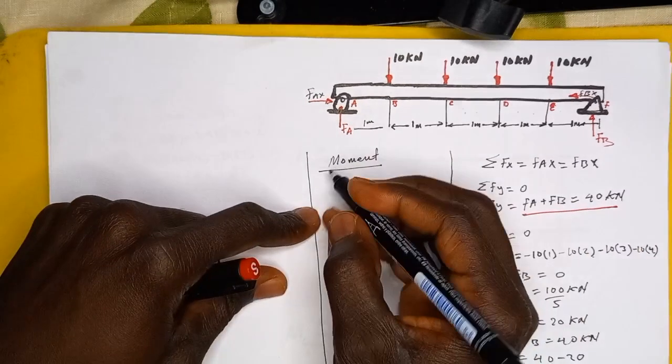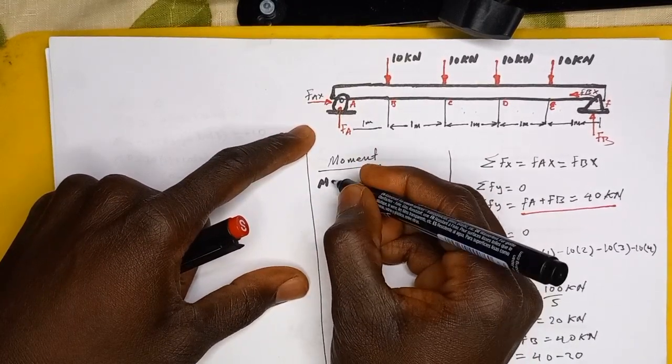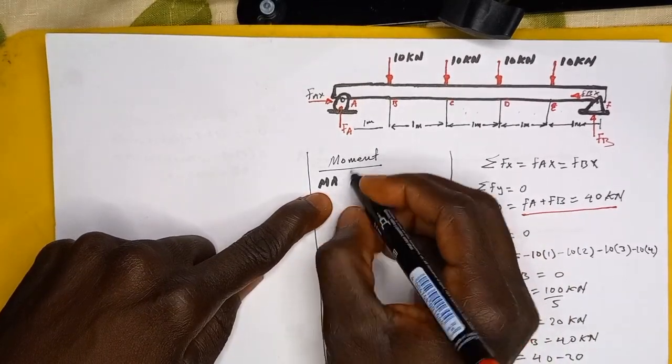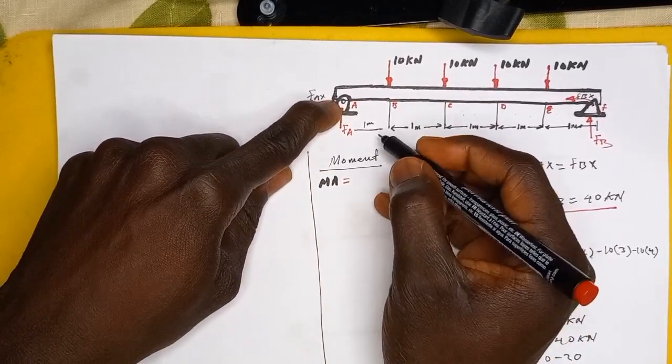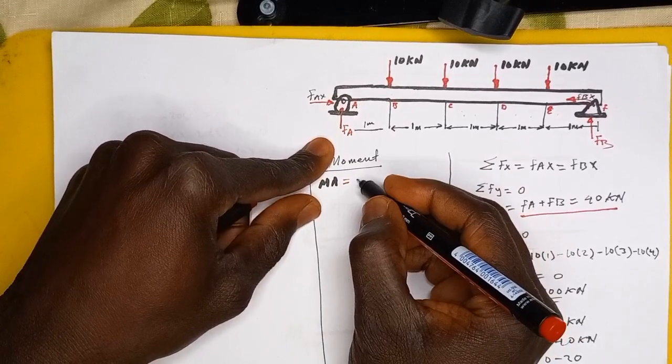So now we have the moment about A. That is going to be equal to 0 because there is no force on the left.